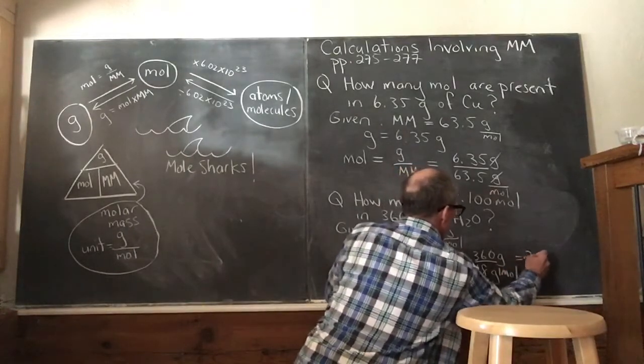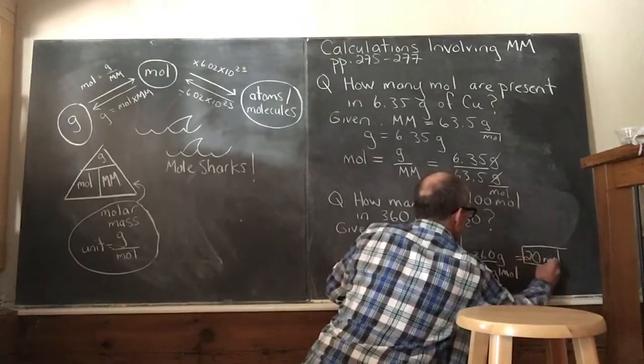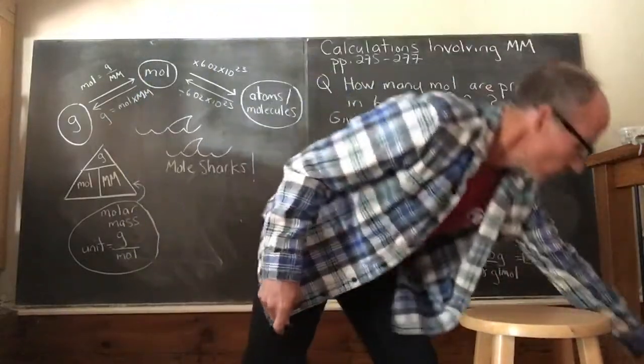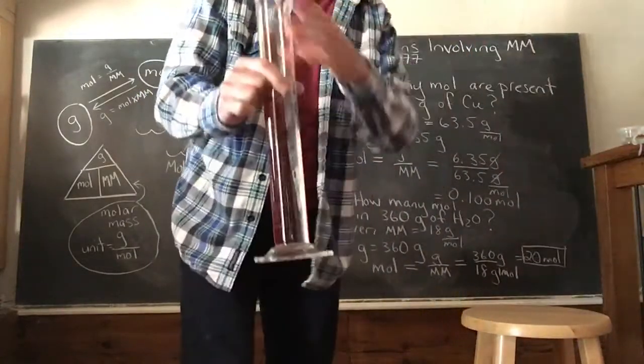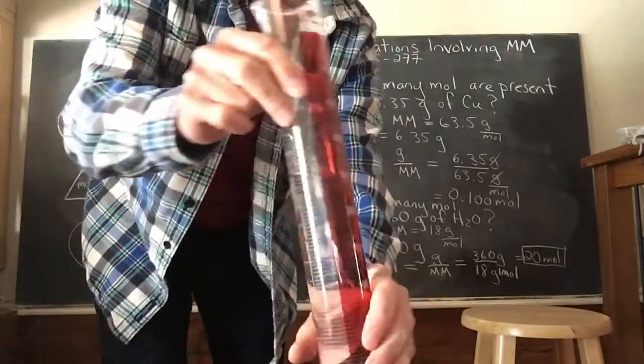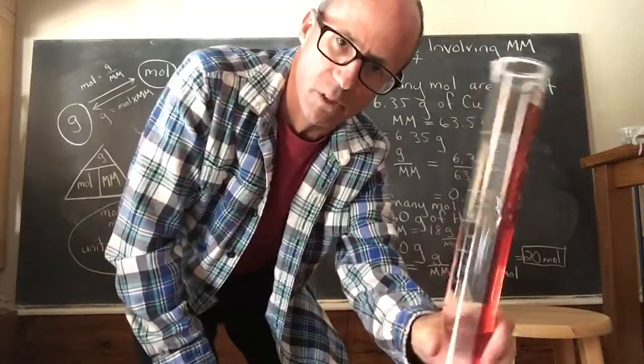And you can see that our answer would be about 20 moles of water. So at the end of the day, this 360 milliliters in this 500 ml cylinder contains 20 moles of water. That's quite a few actually when you think about it.